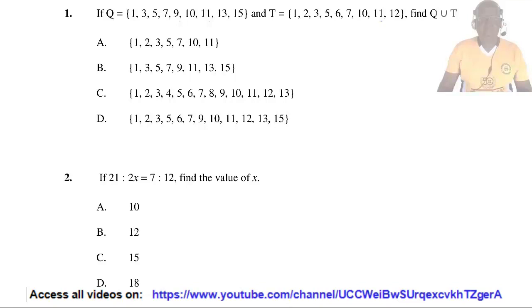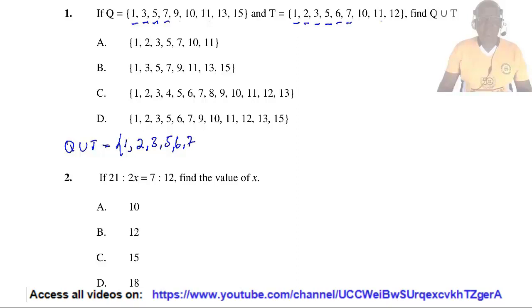That is Q union T equals to, we've got 1 here and then 1 here, but we shall write it down only once. We've got 2 here, so 2. We've got 3 here, 3 here, but we shall write it down only once. We've got 5 here, 5 here, so 5. We've got 6 here, so 6. We've got 7 here, 7 here, so 7.